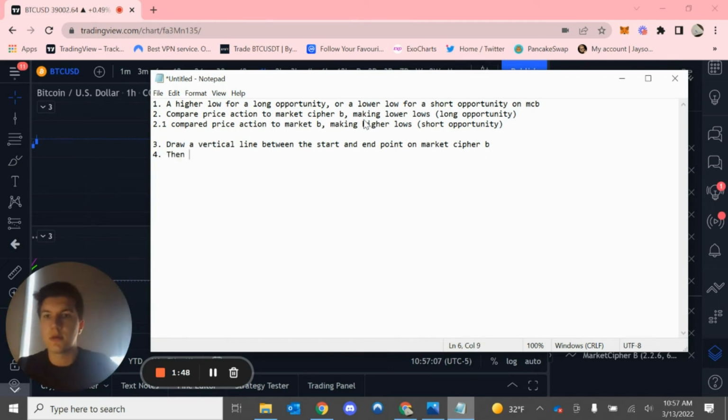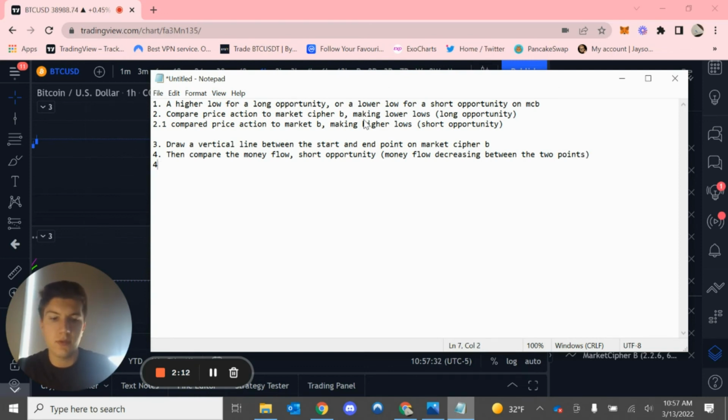Then you want to compare the money flow. So for a short opportunity, you can see money flow decreasing between the 2 points.